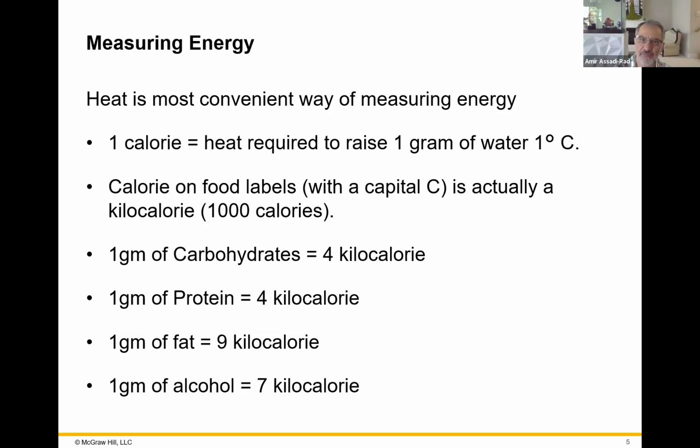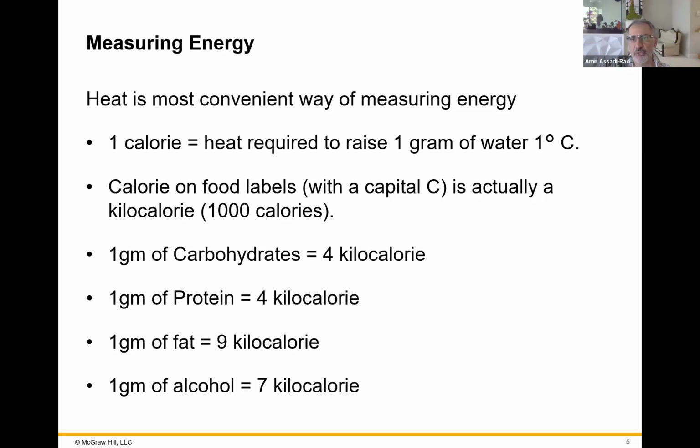A calorie on food labels with capital C is actually a kilocalorie, 1,000 calories. So the amount of 1 calorie is very small. When they say you're supposed to eat 2,000 calories per day, that's what most scientists agree upon if you're not an athlete, an average person like me.